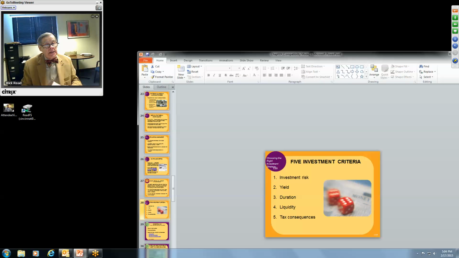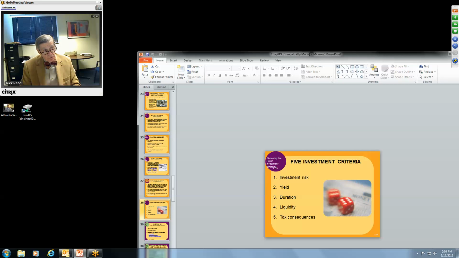These are the 5 investment criteria. Now, what you need to look at to make sure if the investment is something you want to do, you need to look at the risk. The older you are and the higher the risk, the more you should probably avoid that. High risk means you have a chance to lose your investment, or your investment's not going to do as well.